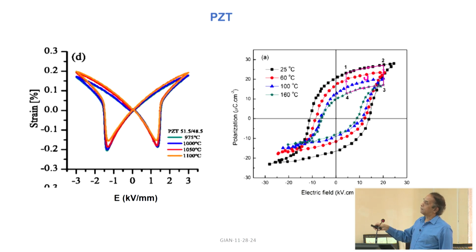And this is the strain or D33 versus the electric field, once again for PZT. I believe these 975, maybe these are all the sintering temperatures when they made these PZT.